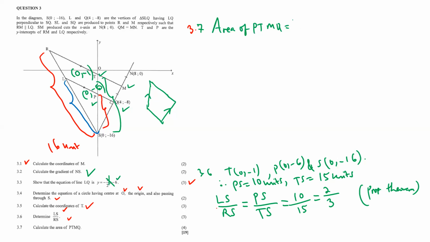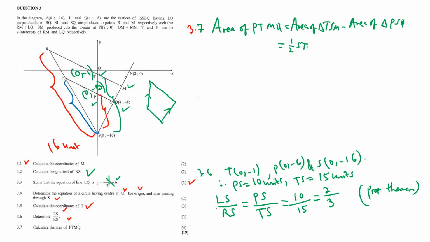Right, which is easier. The area of triangle TSM minus the area of triangle PSQ. What is the area of triangle TSM? Half.